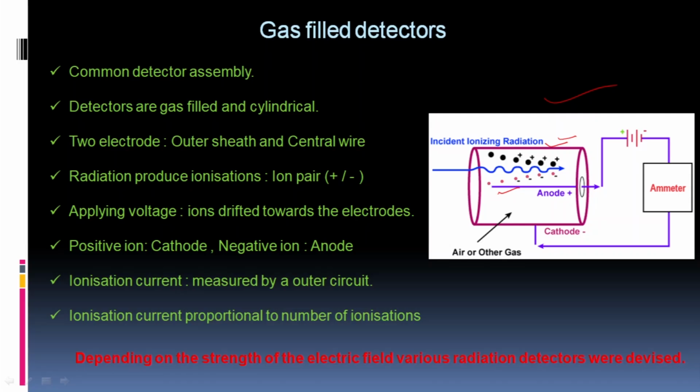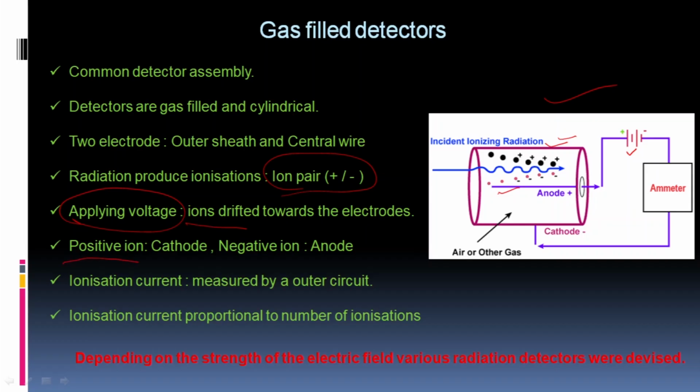Now if we apply a voltage here, after exposure to ionizing radiation, there will be ionization, meaning the gas atoms will be ionized into ion pairs. So radiation produces plus and minus ion pairs, and after applying the voltage, these ions drift towards the electrodes.